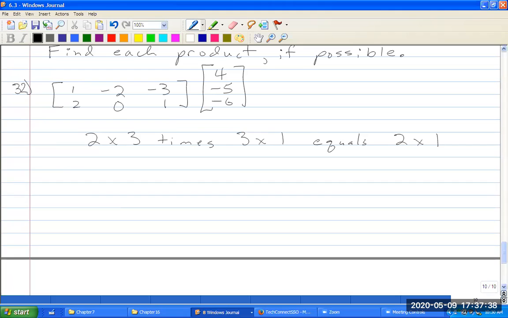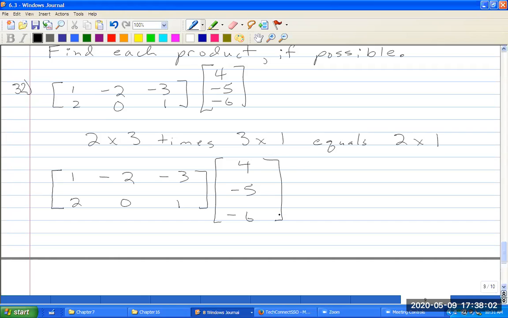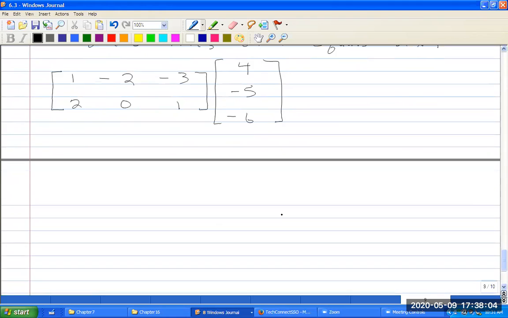Let's multiply. 1, -2, -3, 2, 0, 1, times 4, -5, -6. I want to multiply each element here by each element here.